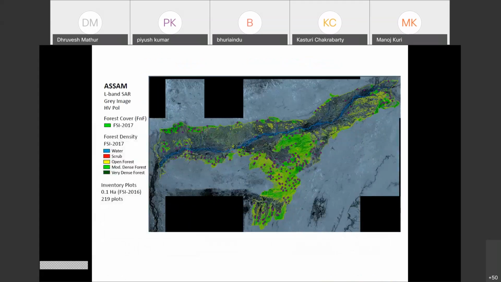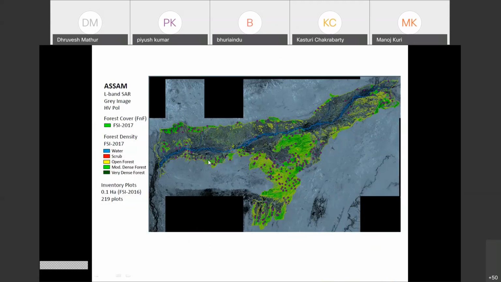So this, just to share an example with you, is the forest biomass map using L-band data from ALOS PALSAR for the state of Assam.